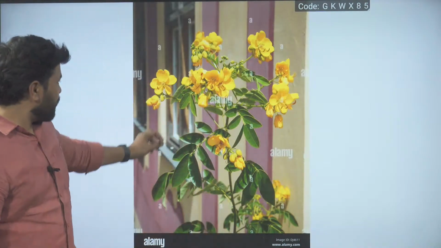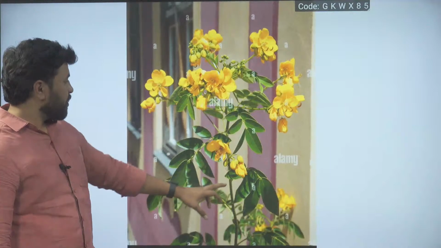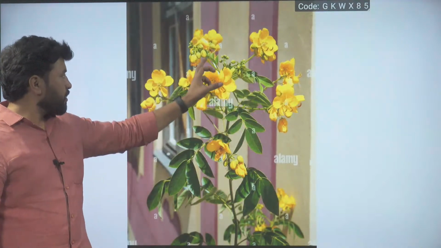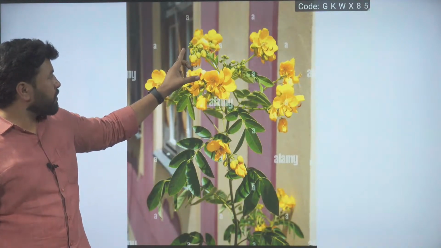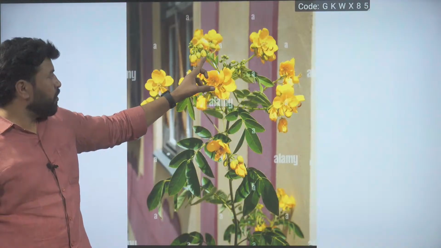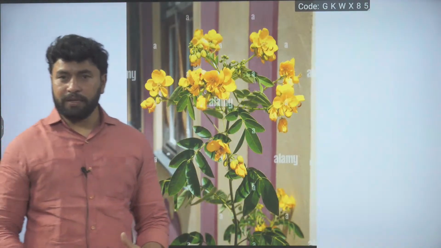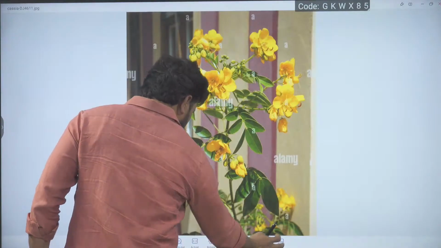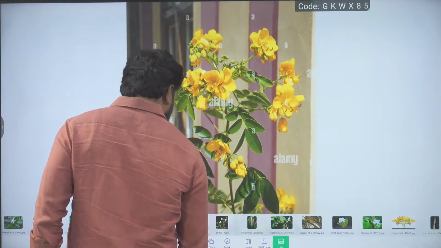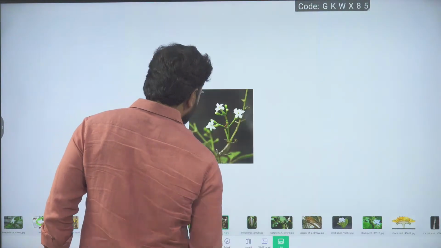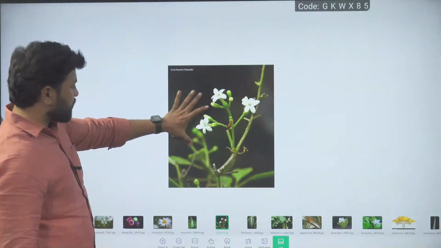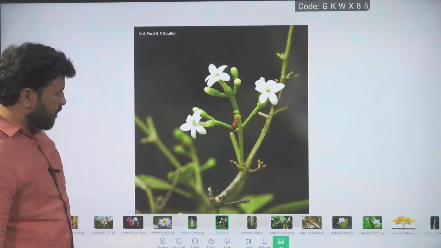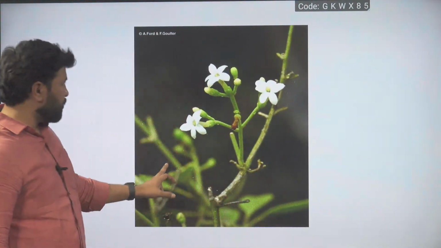Now you check this cassia inflorescence: the young flowers are at the top, the old flowers have developed at the base. Now, the cymose inflorescence example given in our book, check this, it's a variety of jasmine. I will also show you the jasmine example.